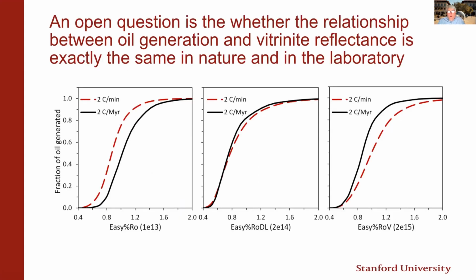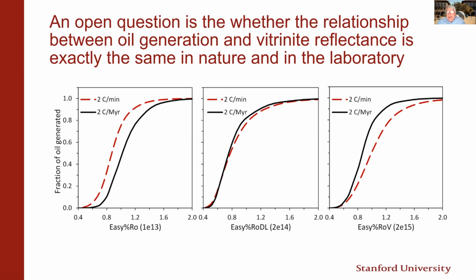Now, a question which arises is whether or not you should expect the same relationship between the fraction of oil generated and vitrinite reflectance in the laboratory and in nature. There's no theoretical reason a priori that you should.